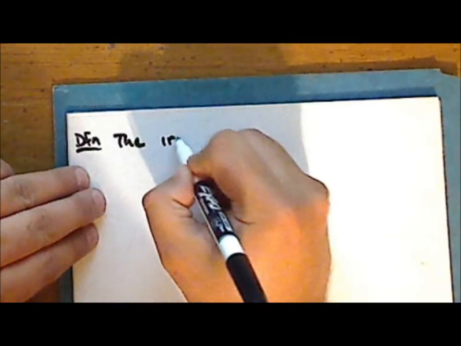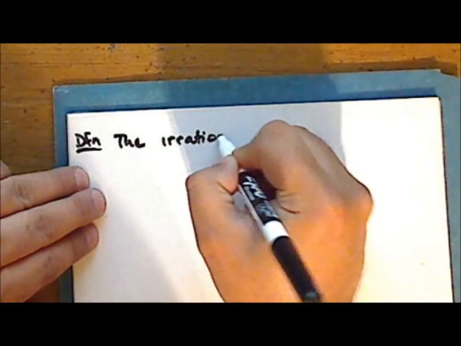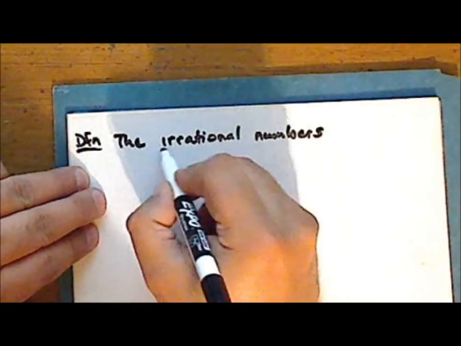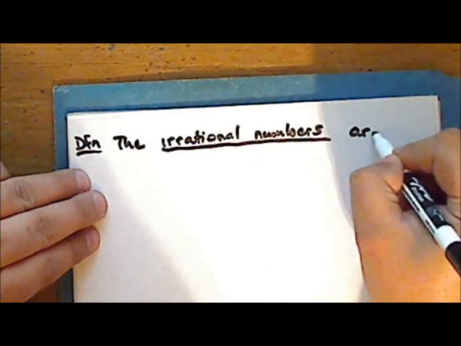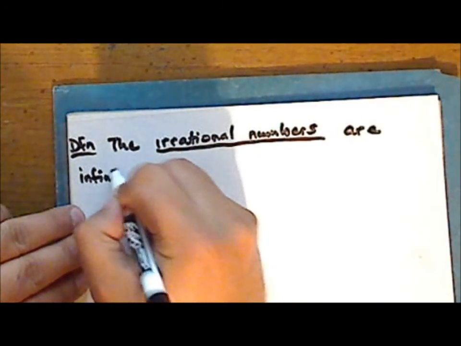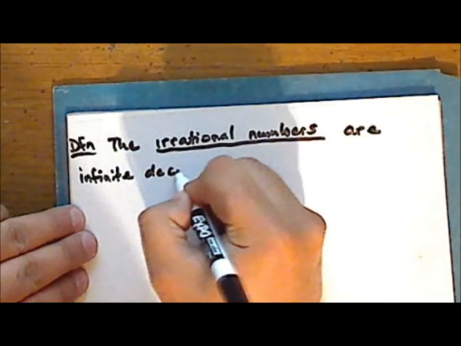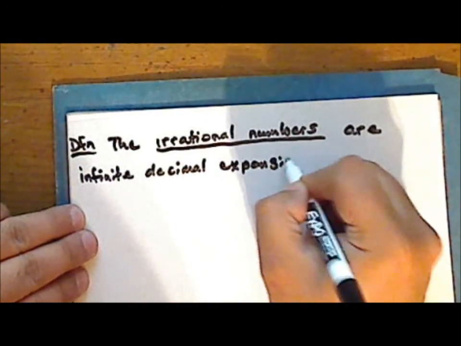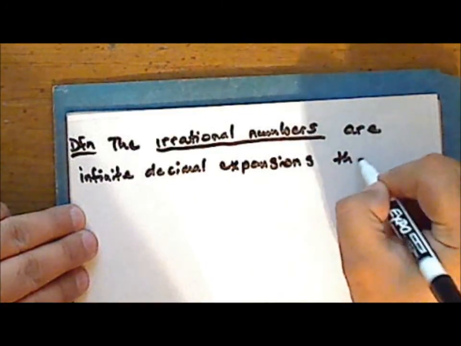So next we'll define the irrational numbers. The irrational numbers are infinite decimal expansions that do not repeat.